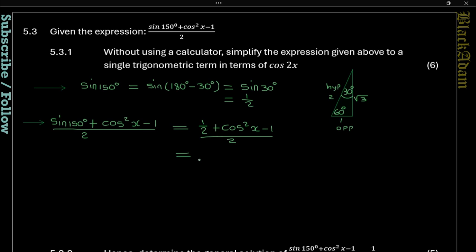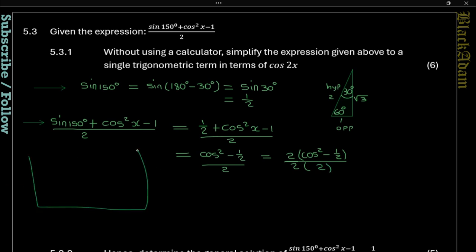It gives me cos squared x minus half over 2. So that means we have multiplied by 2 both sides, 2 as numerator and denominator, so it's 1, so it won't change anything. So it's 2 multiplied by cos squared x minus half, and 2 also multiplied by 2.